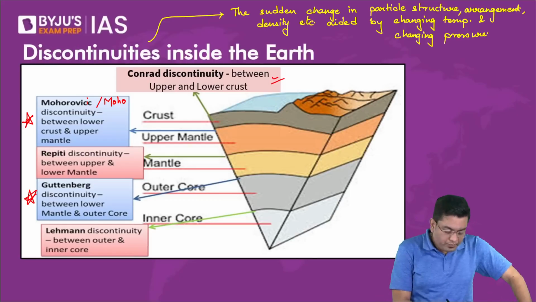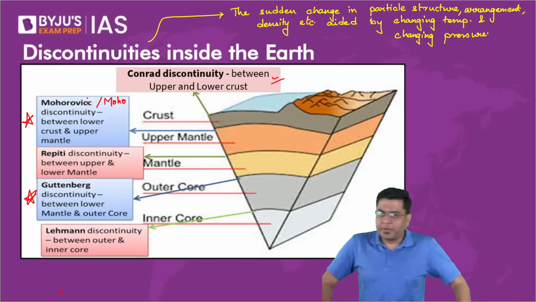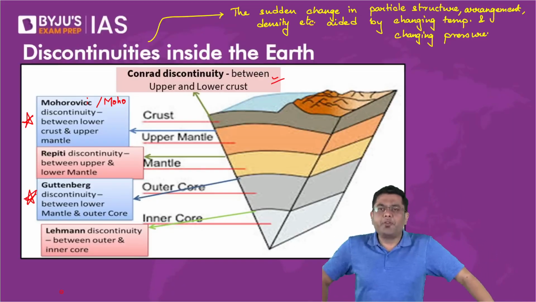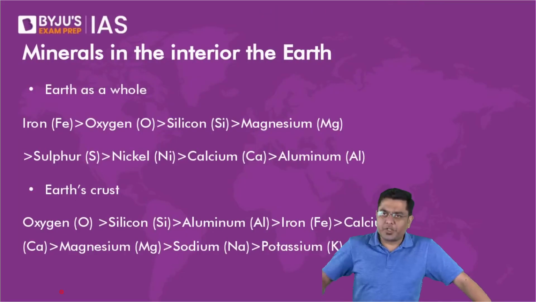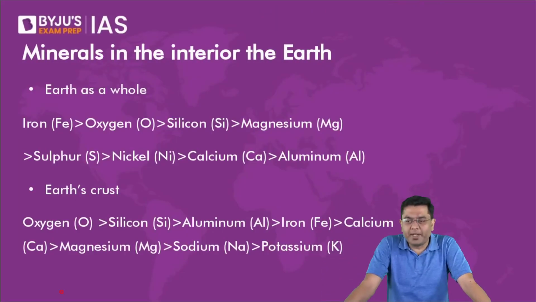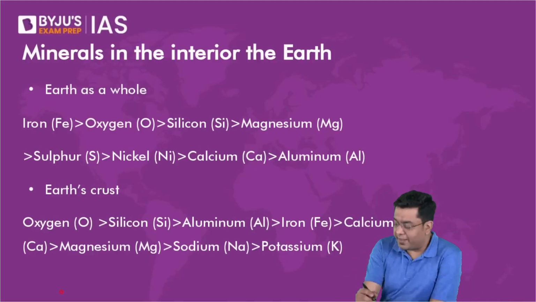Now, when we talk about this particular portion of the structure and layers of the earth, there is another area from where UPSC tends to ask questions in prelims, and that is about the abundance of elements present in the interior. The concentration of the various elements present in the interior varies. So this is something which is relevant for your prelims examination.